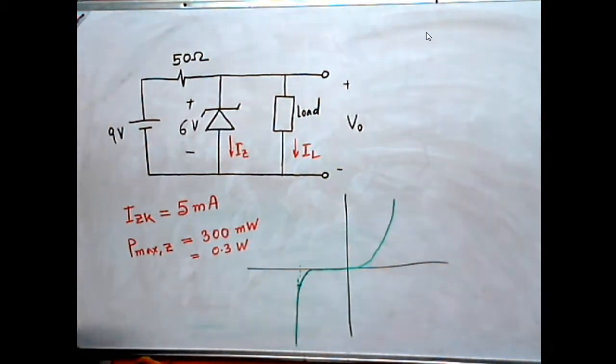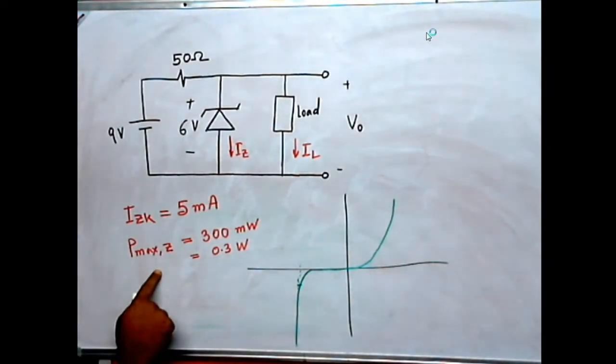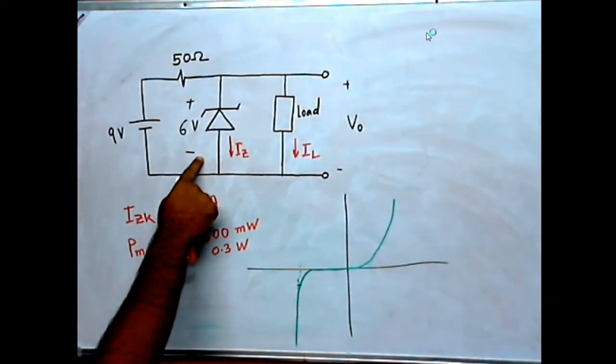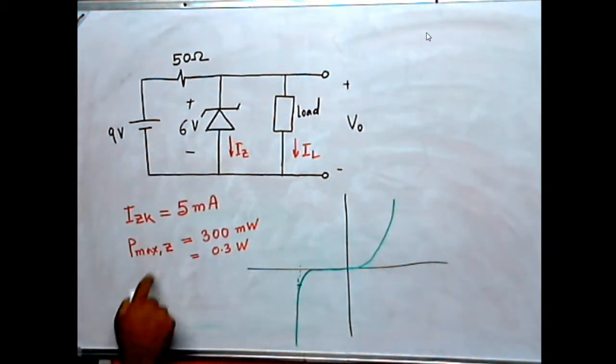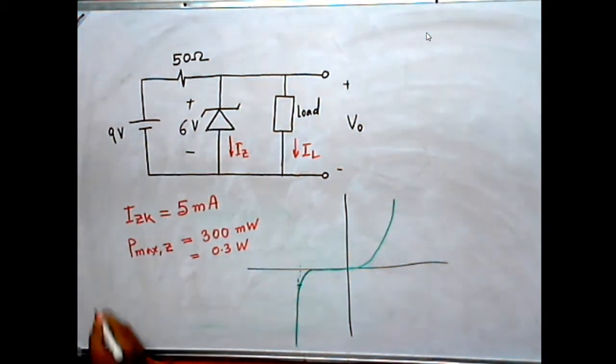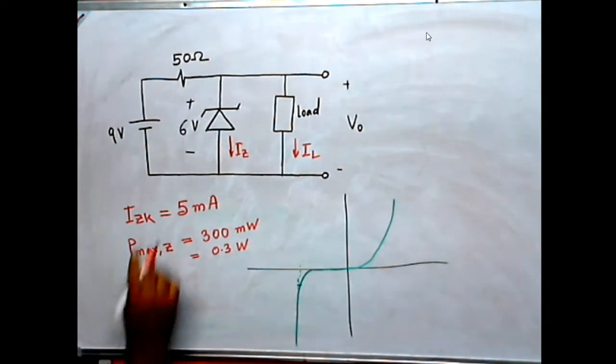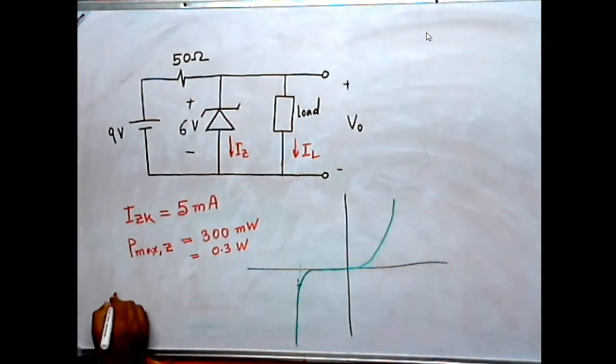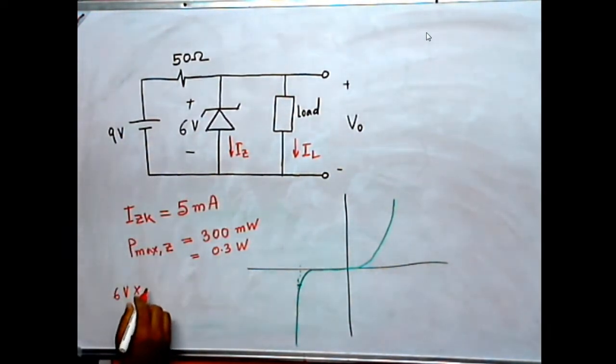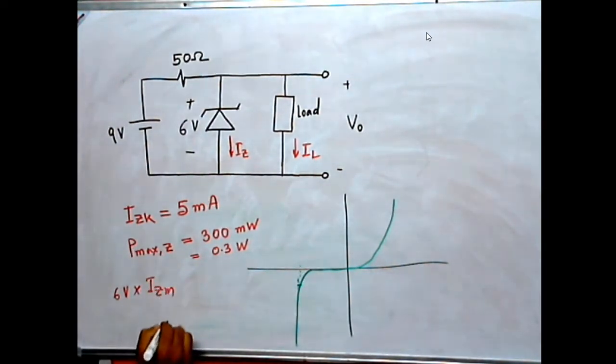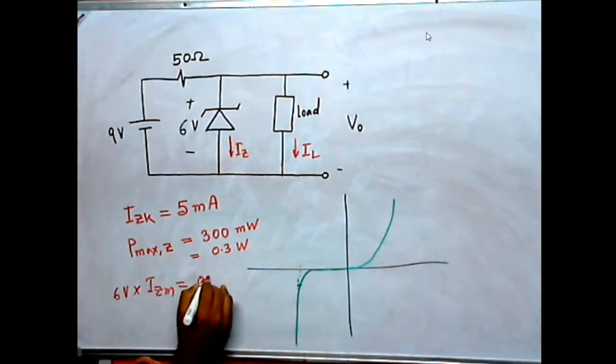So from that point you can determine the maximum current that can flow through the Zener diode, because we know power is basically voltage into current. The voltage across this Zener diode is your 6 volt, and the maximum current is IZM, and the power is 0.3.